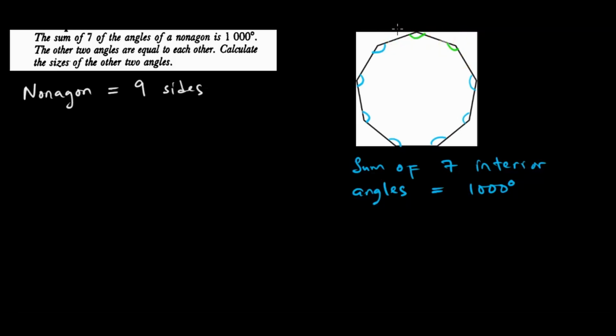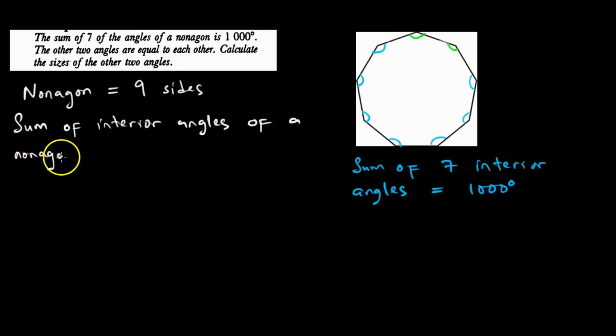How do we go about it? The first thing we do is find the sum of interior angles of a nonagon. This should be equal to, what is the formula? (n minus 2) multiplying 180 degrees.